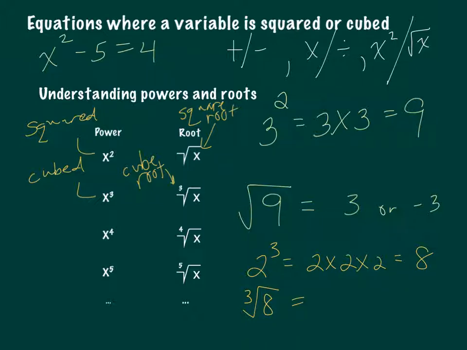Well, it looks like 2 is going to be that number. 2 times 2 is 4, 4 times 2 is 8. So if you take three 2's and multiply them, it gives you 8. So 2 cubed is 8, and the cube root of 8 is 2.